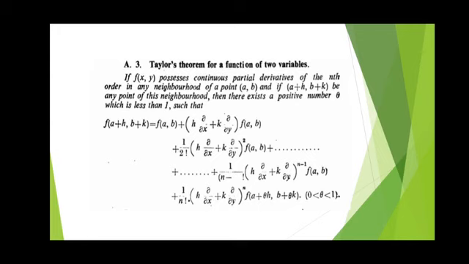If f of x comma y possesses continuous partial derivatives of the nth order, that means in this Taylor's theorem we take the sum of partial derivatives: first derivative, second derivative, and up to the nth derivative of the given function.